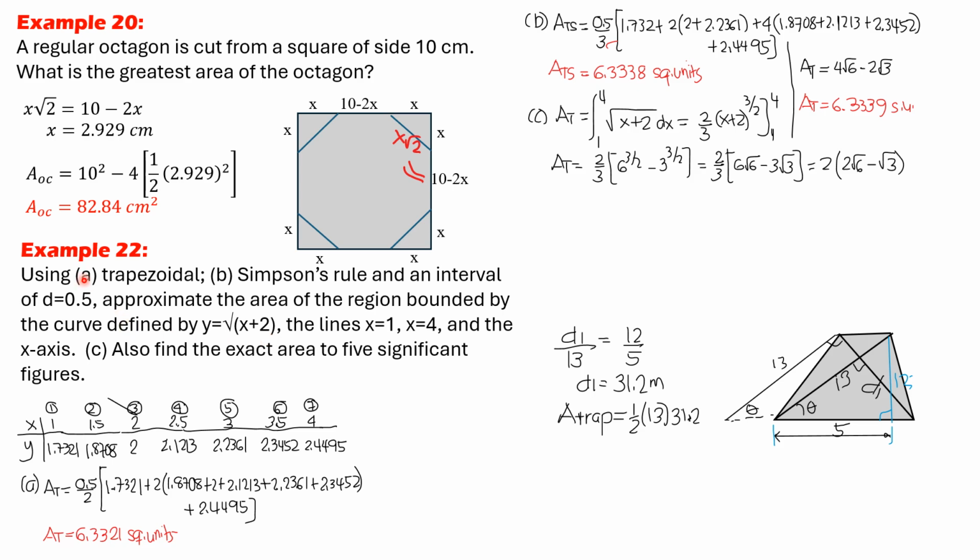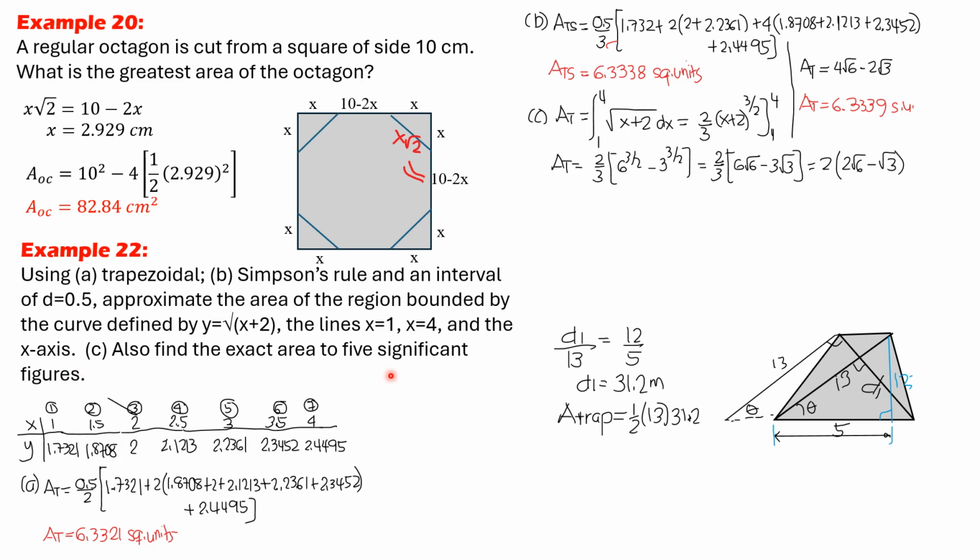Problem example 22. Using A, the trapezoidal rule, and B, Simpson's rule, with an interval of d equals 0.5, approximate the area of the region bounded by the curve defined by y equals square root of x plus 2, the lines x equals 1, x equals 4, and the x-axis.